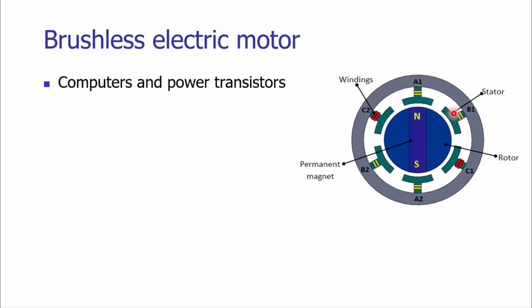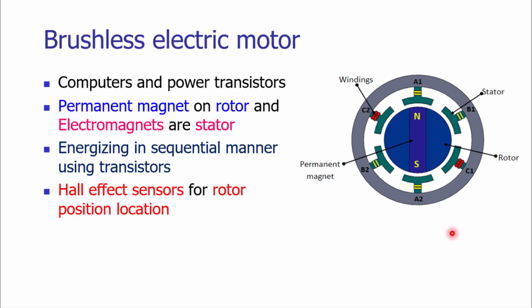Now these are the windings which are there on the stator coils, and we are energizing these windings in a sequential manner. As you can see, the pair A1 A2 will be energized in such a way that A1 would be the south pole. As the current is creating A1 as south pole, the magnet will get attracted towards the south pole A1, and it will get oriented in the direction shown here.